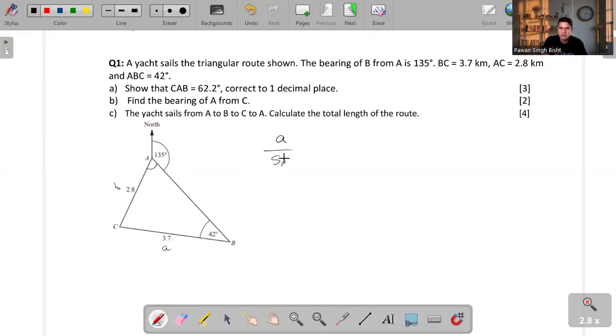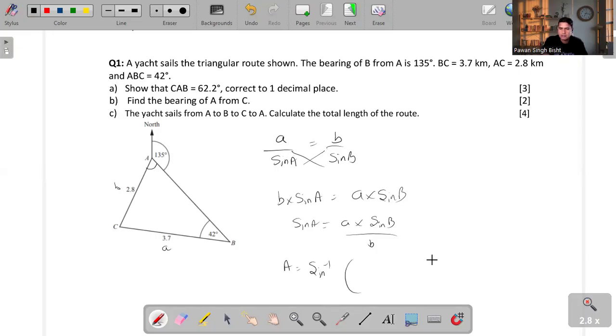a upon sine A is equal to b upon sine B. We have to find sine of angle A, so we do the cross multiplication. b times sine A is equal to a times sine B. So sine A is a times sine B over b, and A will be sine inverse of a sine B over b.